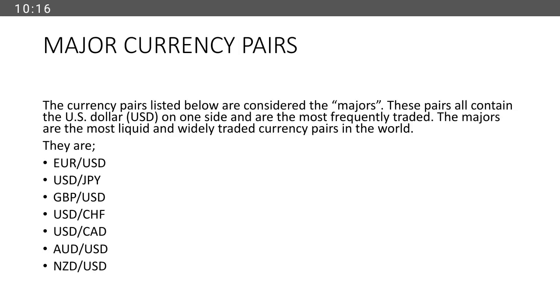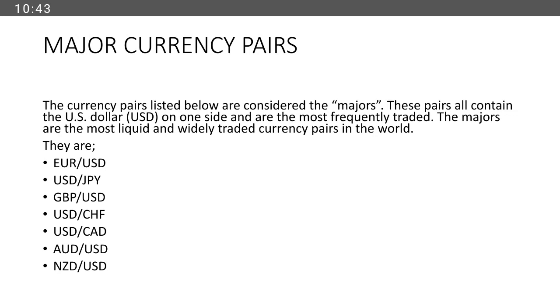Now, what are the major currency pairs in forex trading? When we talk about trading in forex, we trade in pairs. What are those currency pairs? The major ones. There are so many, but we have the major ones. The currency pairs listed below are considered the majors.